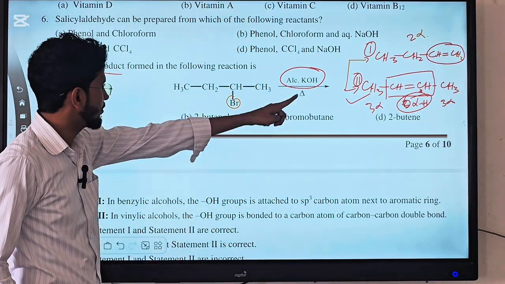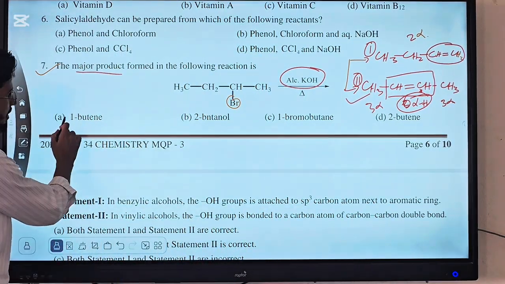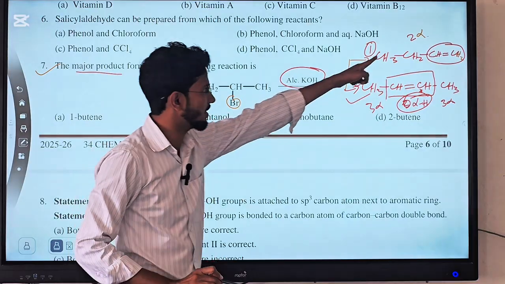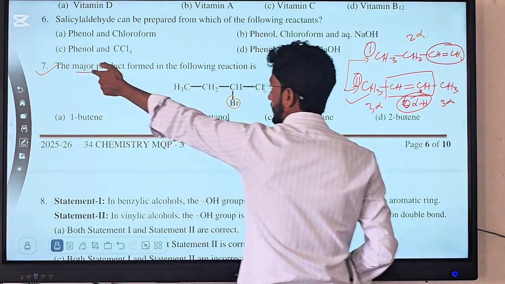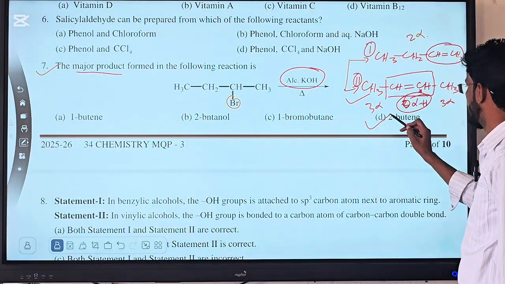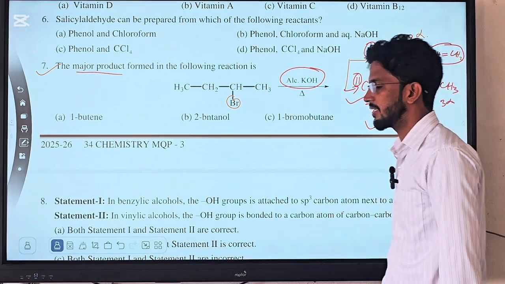The answer is but-2-ene; but-1-ene is minor. The question asks for the major product, so the major product is but-2-ene. The answer will be D.